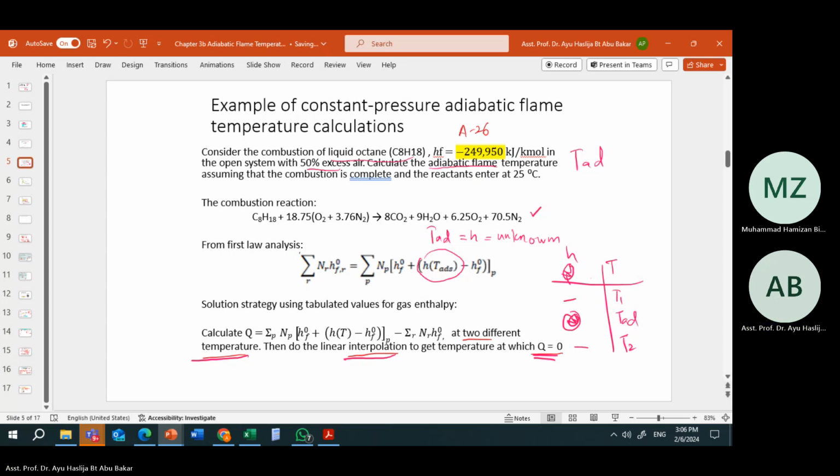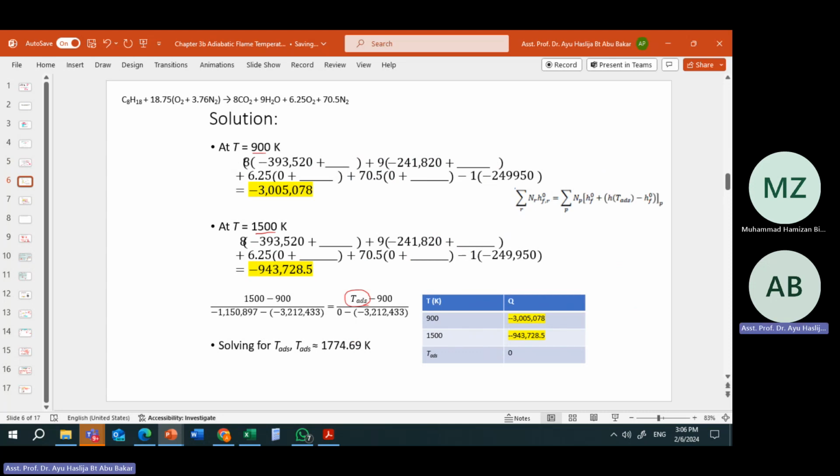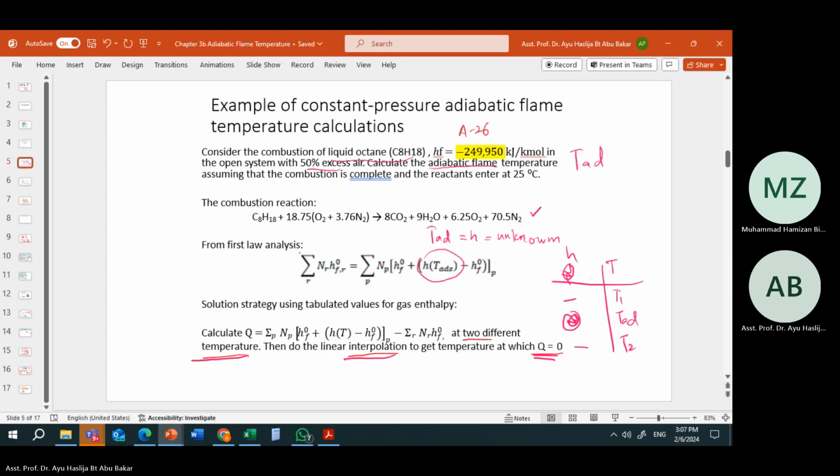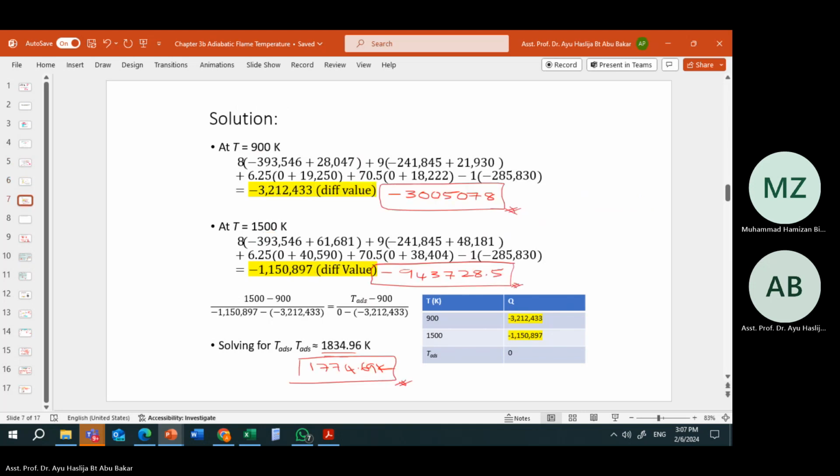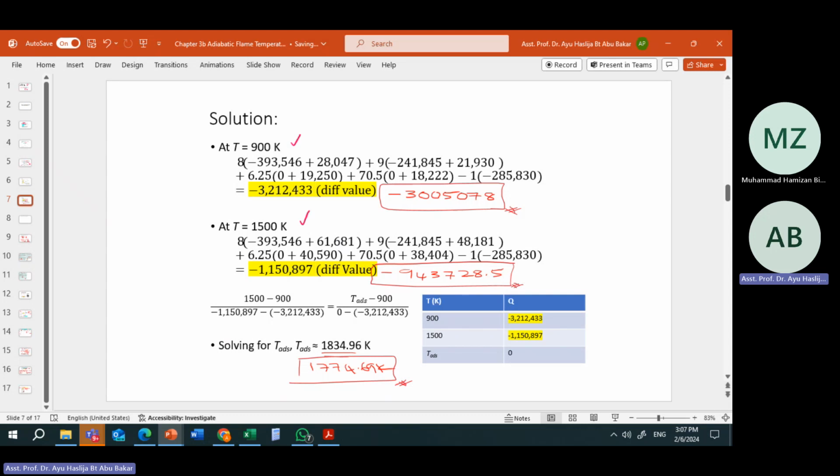Okay. And then we go to the equation. Okay, let's say we guess the temperature at 900 and 1500. So the heat of product minus heat of reactant equals to 0.